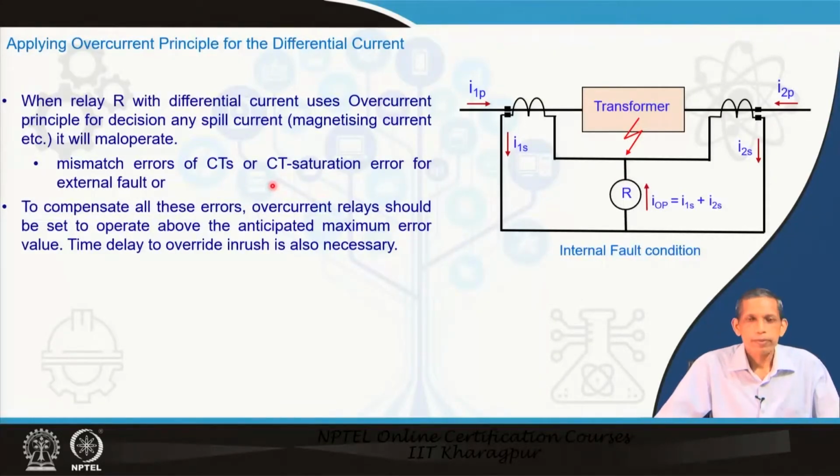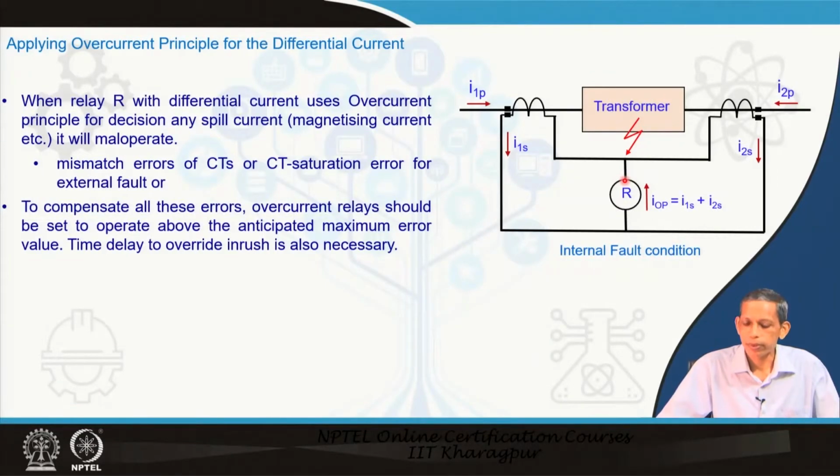In addition, if any CT ratio mismatch is there, which we have already calculated in the earlier lecture, then even though there is no fault, or for an external fault situation, the differential current will again be there because of the mismatch in CT. These are not internal fault situations, but still differential current will be flowing, and that may be significant.